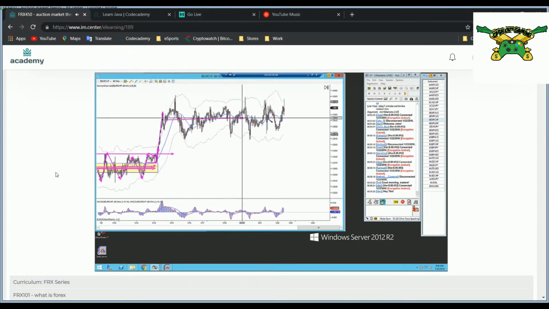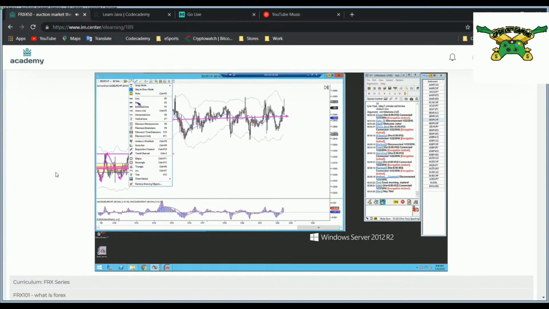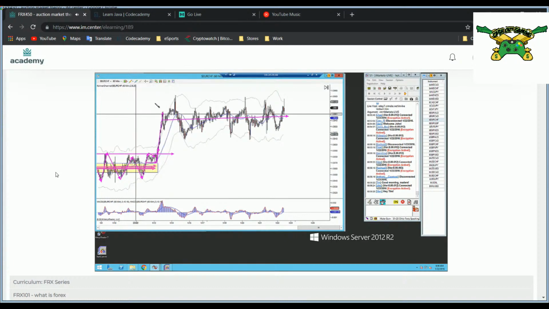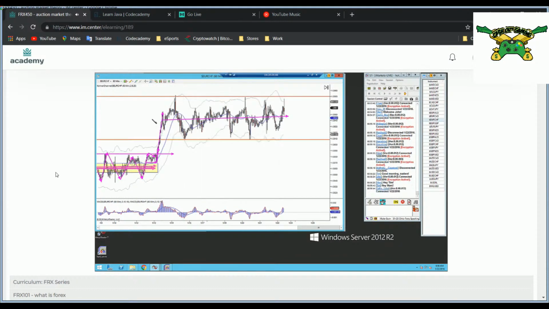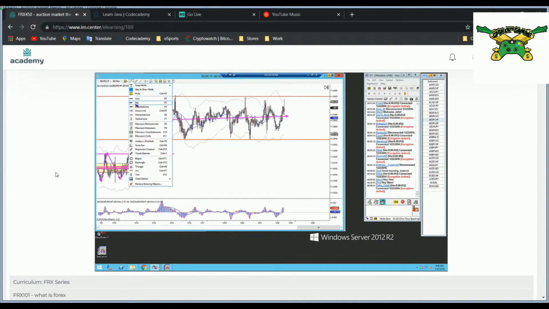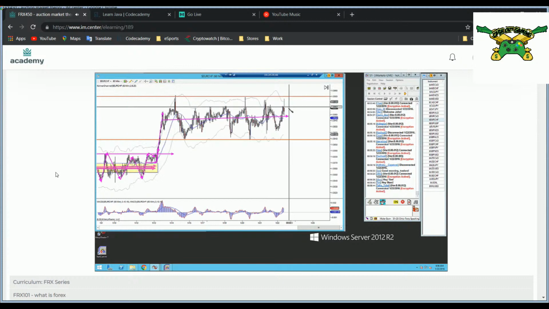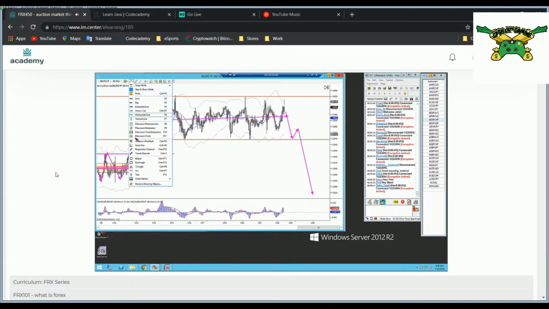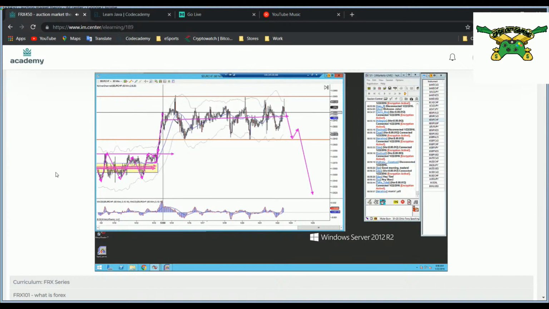So until it gets above there with impulse, let's just say it goes like this and like that, until it goes outside of it, you're still going to sit in what's called a sideways line.